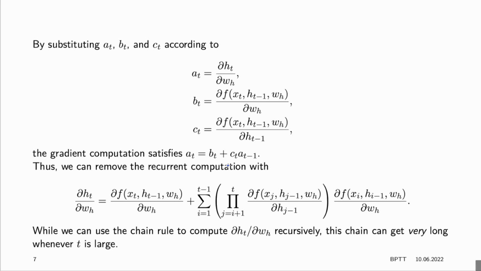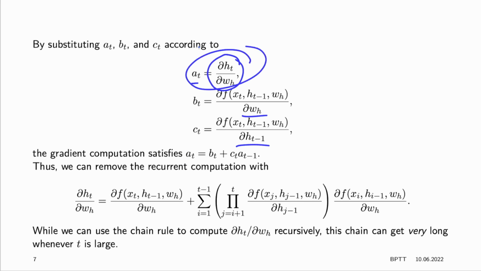And now this formula we can just use to compute our derivative of h_t, by plugging in the terms. a_t equals the derivative of h_t with respect to w_h, the term that we want to compute; b_t equals the derivative of f(x_t, h_{t-1}, w_h) with respect to w_h, and c_t the derivative of f(x_t, h_{t-1}, w_h) with respect to h_{t-1}.